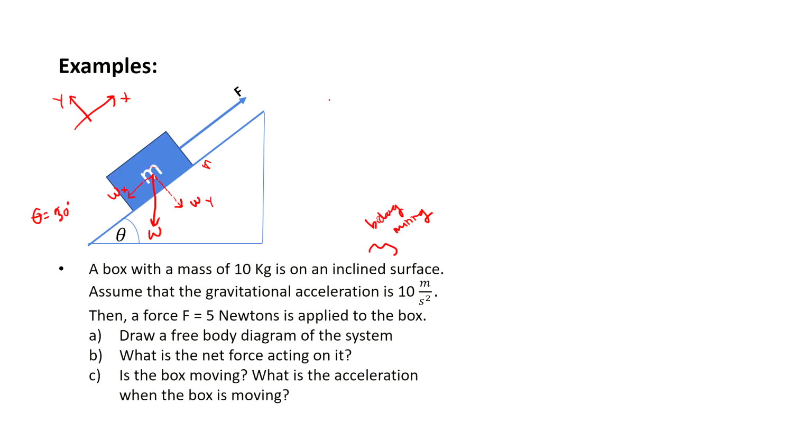Okay, maybe to make it clearer, we can redraw this free body diagram in a bigger one, like this. This is W, this is WY, and it's WX.